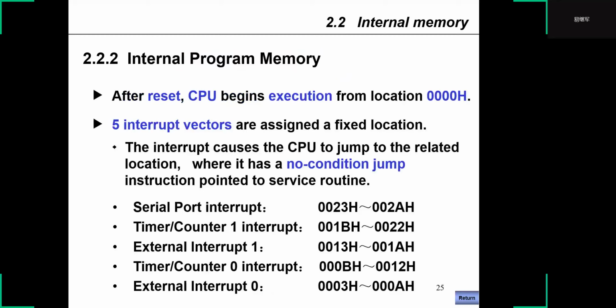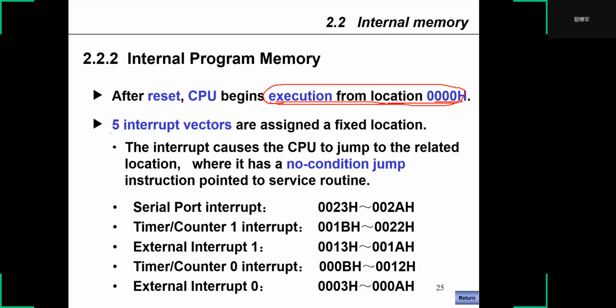After we reset the microcontroller, the CPU begins execution from location 0H. This is a rule you need to remember. When we power on the microcontroller, the CPU begins the execution from address 0H.